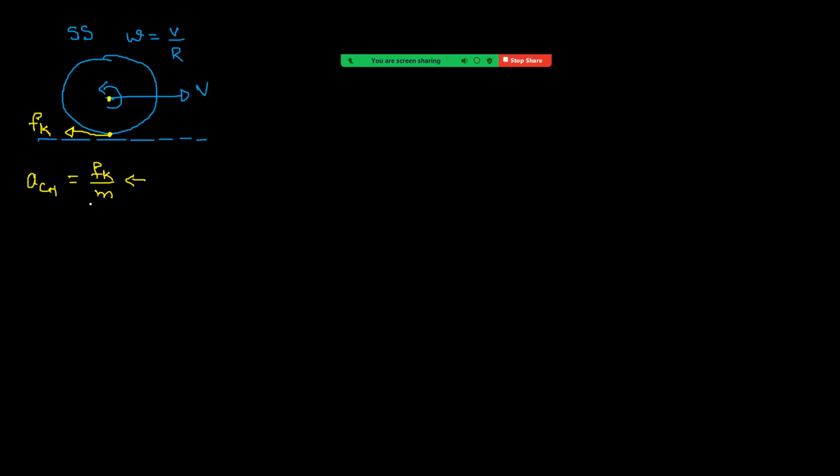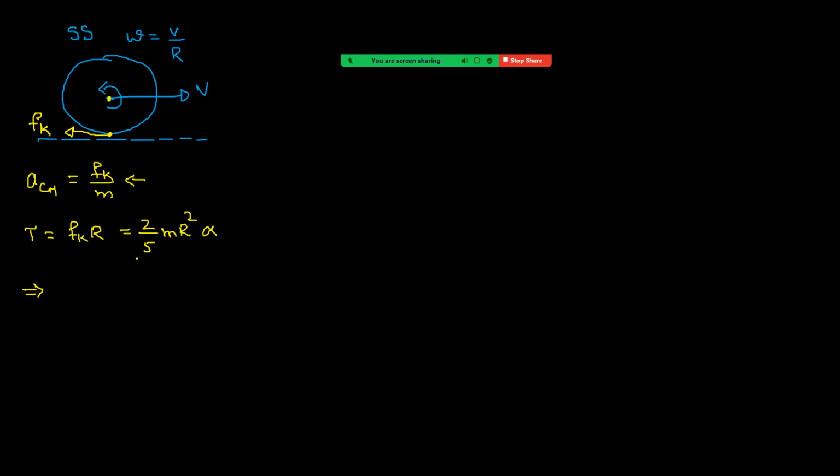Okay, let us see first of all what the alpha value is. Torque equal to Fk into R, that is equal to I into alpha. It is now given a solid sphere, so about its own axis, I value is 2 by 5 mr square into alpha.